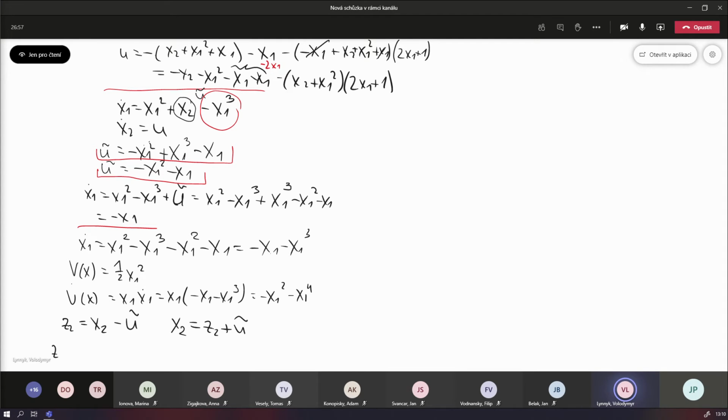And z2 equal to x2 minus, and this virtual control is minus x1 squared minus x1, so it's equal to x2 plus x1 squared plus x1.